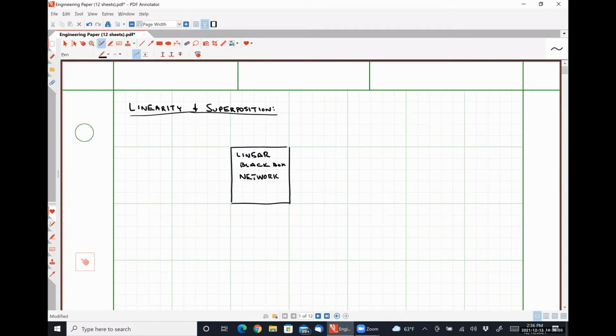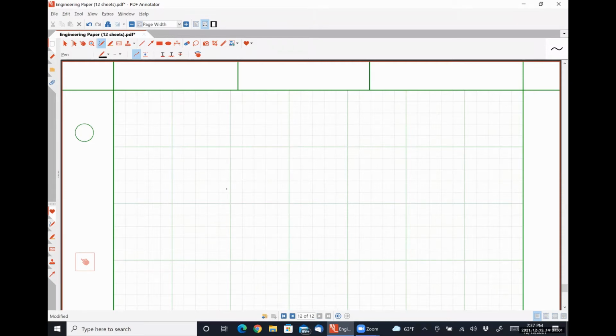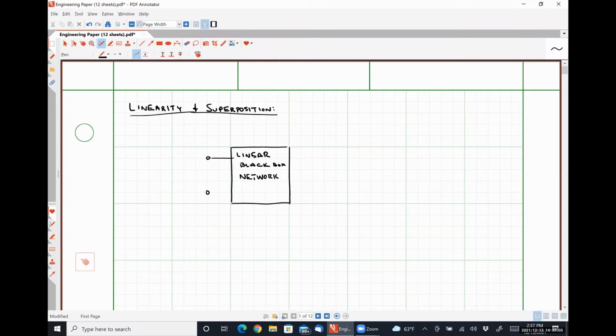Excuse me. And this linear black box network, what the heck just happened? Could have multiple input signals. And so I'm going to call my input signals X's. So we might have some function x1 of t that's applied at the input.